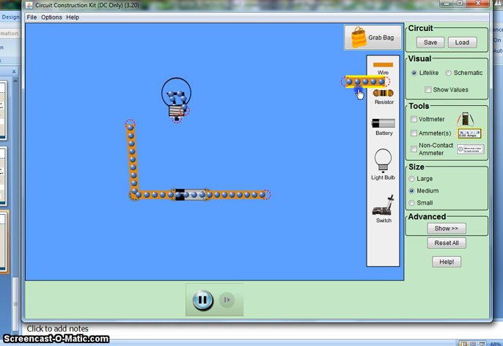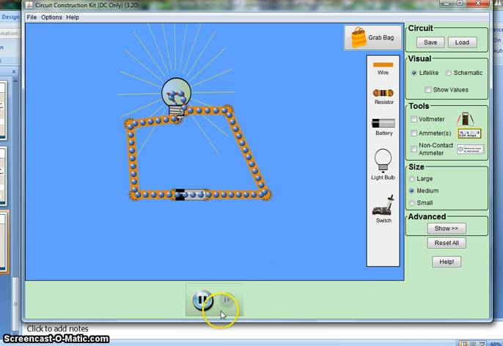And then once you get it all connected, you can push play, actually didn't even have to push play, and then you can see that the charges are moving through the wires and through that light bulb. That's one thing that's kind of interesting, that you can actually see the movement of the charges as they go through the filament of that light bulb.